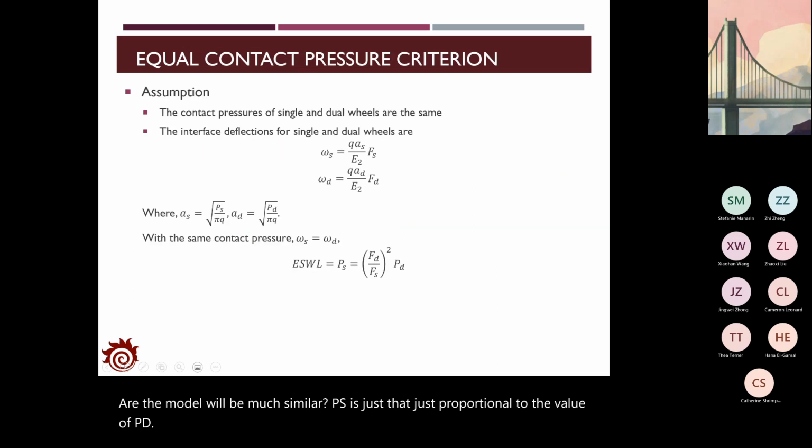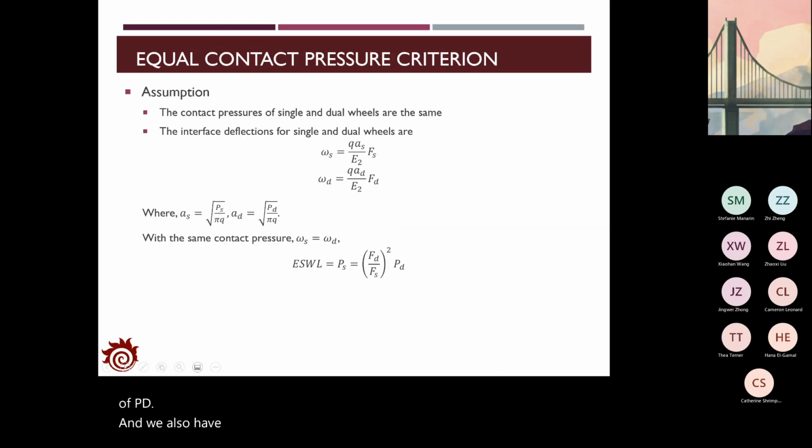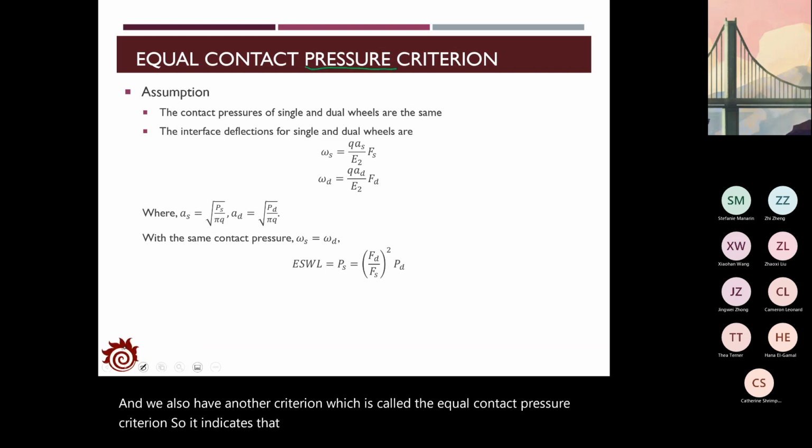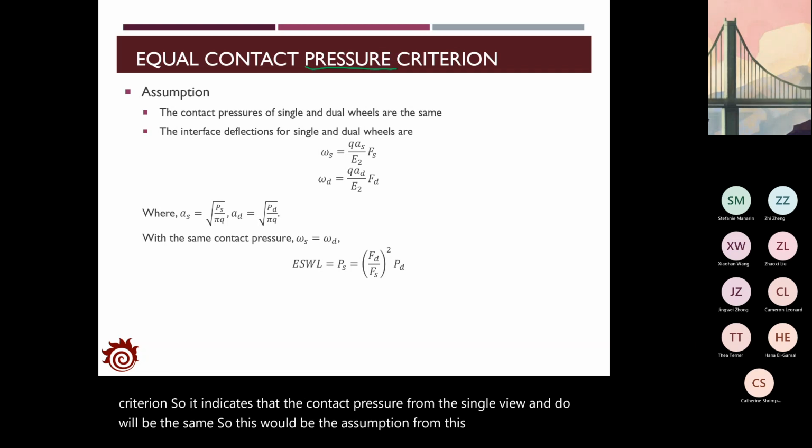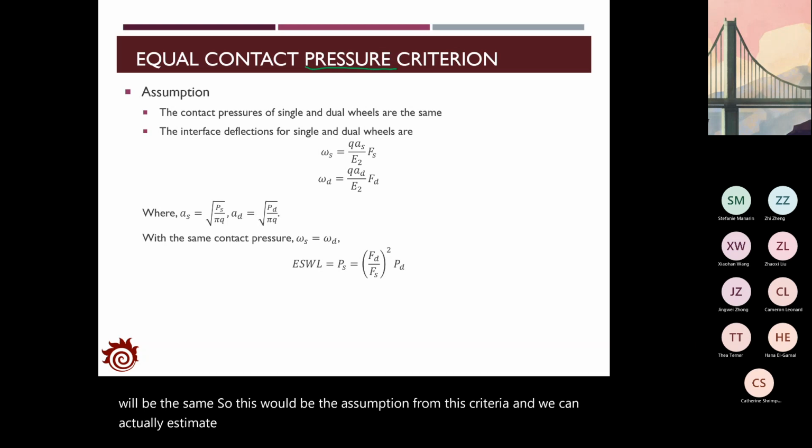And we also have another criterion, which is called the equal contact pressure criterion. It indicates that the contact pressure from the single wheel and dual wheel will be the same. So this would be the assumption from this criterion, and we can actually estimate the interface deflection from the single and the dual wheels with these two equations.